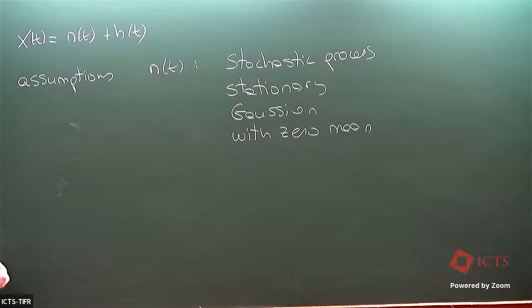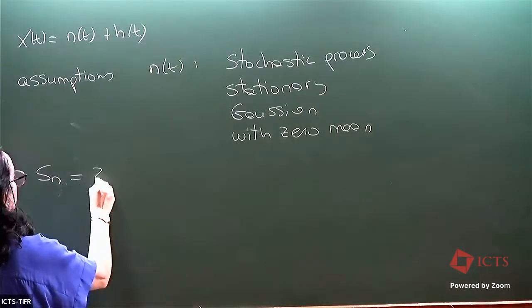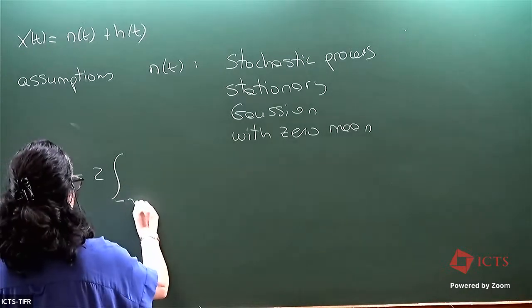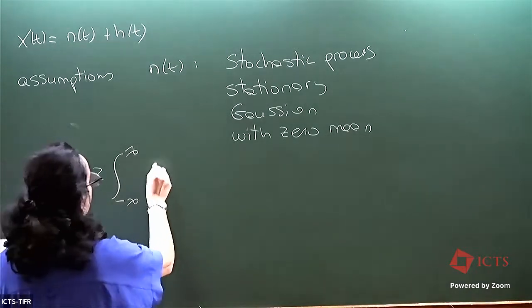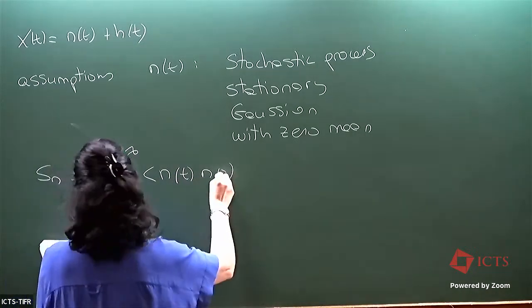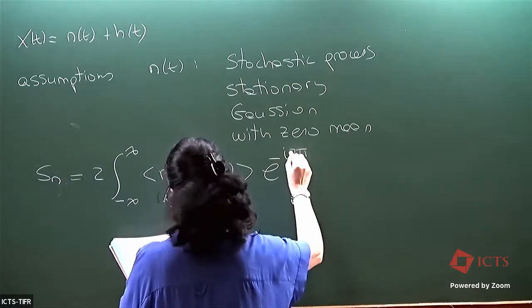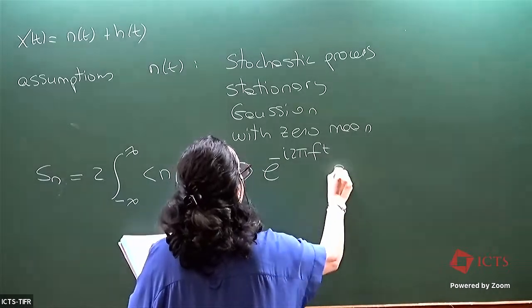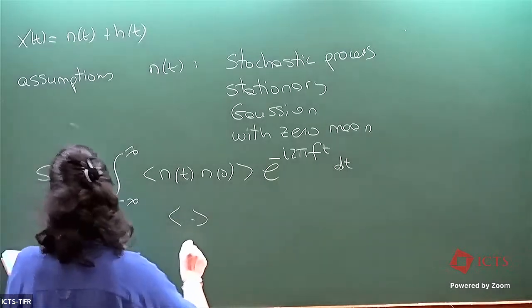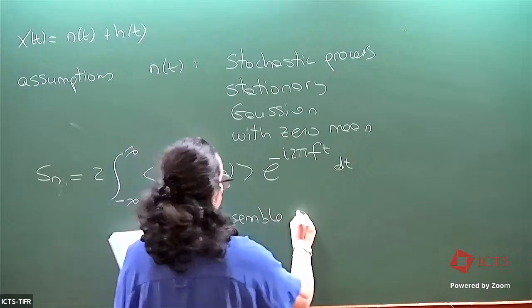In this case, the one-sided power spectral density can be computed, or can be defined, in this way, where this represents an ensemble average.